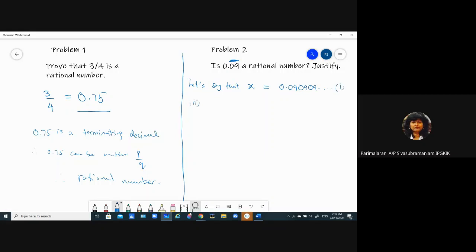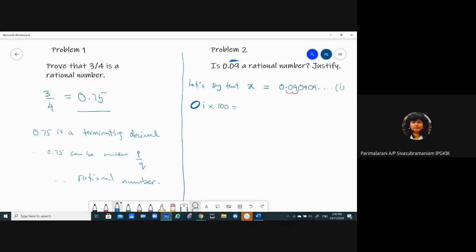Now we want to move the decimal point to where the first set of repeating numbers stops. How many spaces must we move? 09, 09, 09. If we move 2 decimal places, we will cover the first repeating numbers, correct? So we take equation 1 multiplied by 100, because we move 2 spaces.